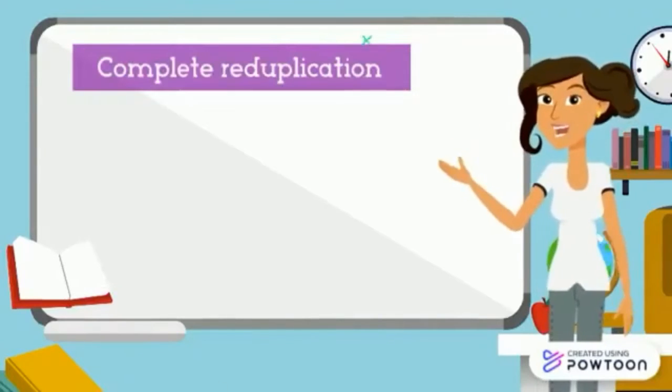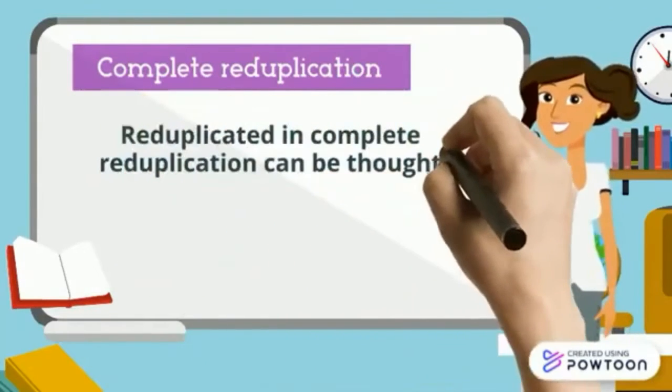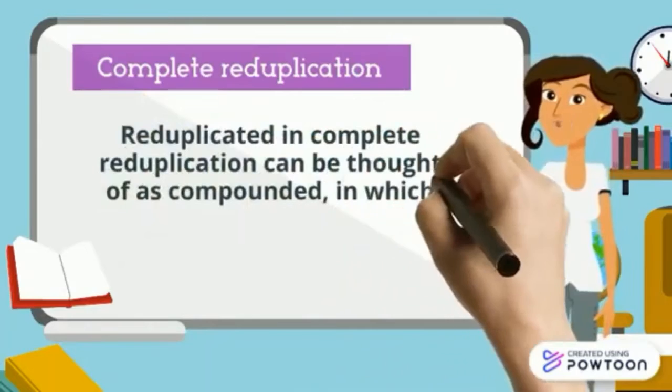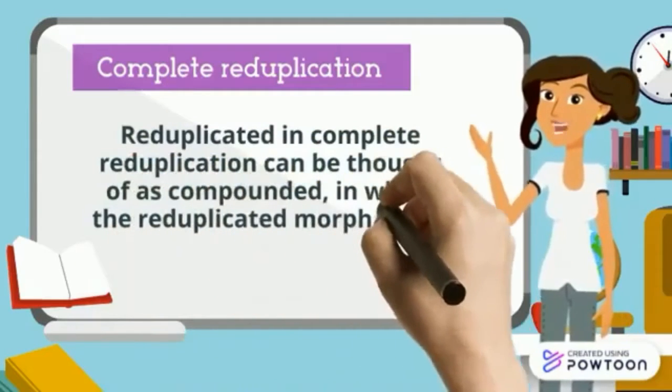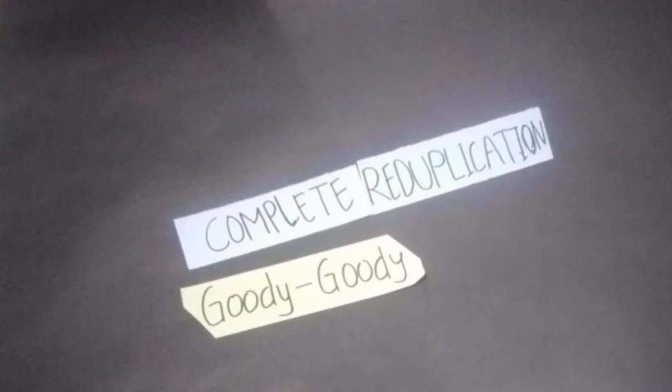Complete reduplication is when an entire morpheme is reduplicated. Complete reduplication can be thought of as compounding, in which the reduplicated morpheme is compounded with itself.